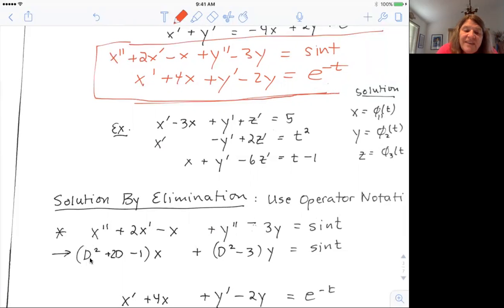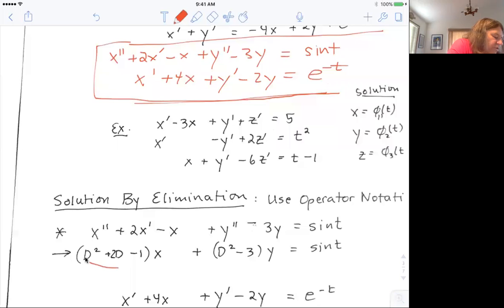It's called D the operator, and D is take the derivative of something. And what you did in these x terms, you took a second derivative of x, 2 times the first derivative, minus the function itself. It almost looks like you're factoring here, guys, but you're saying we're going to operate on the function x by taking its second derivative.